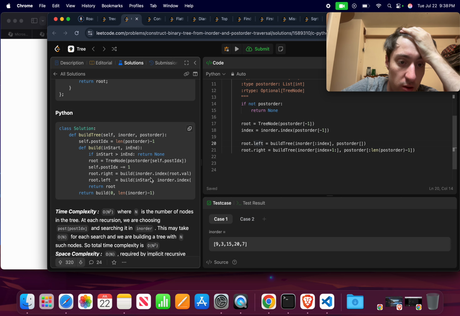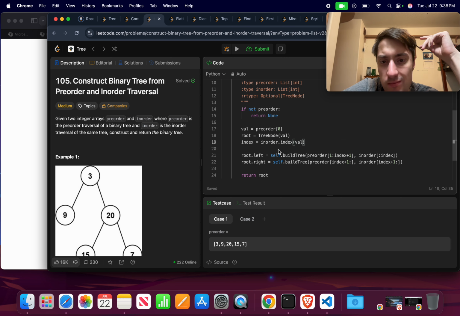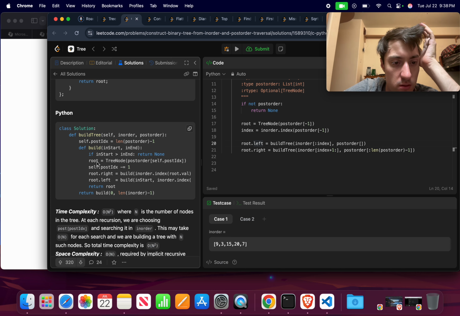They use a while loop within. Did I use a while loop in here? No, I didn't. So does this seem like a different type of solution? But they're doing this left and right. Wait, no, sorry.